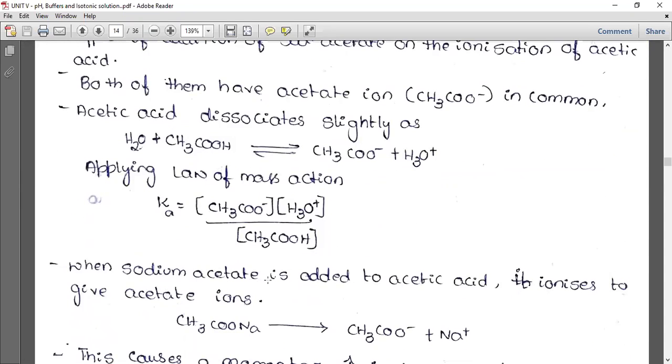This was before the addition of sodium acetate. Now to this solution, we add sodium acetate. Sodium acetate is a salt and will dissociate completely into CH3COO minus and Na plus.